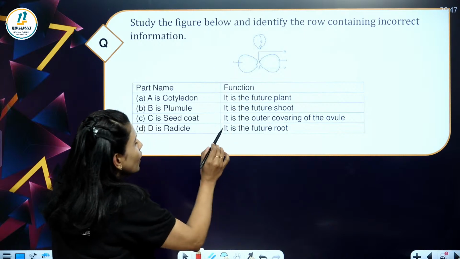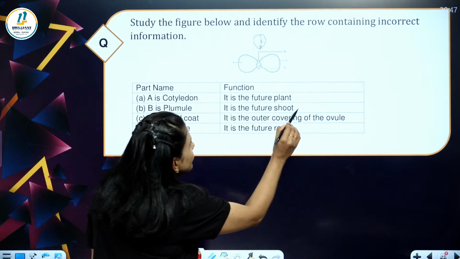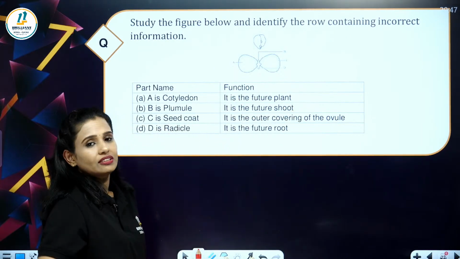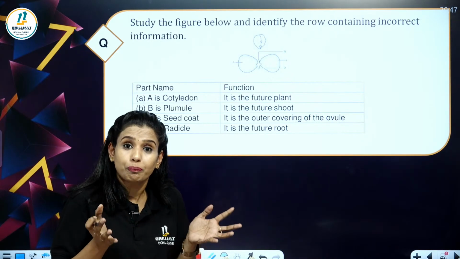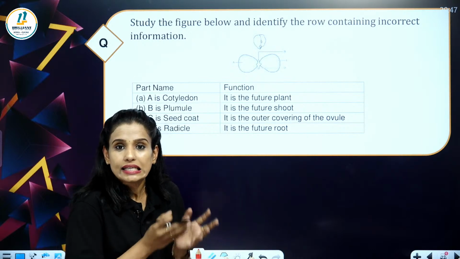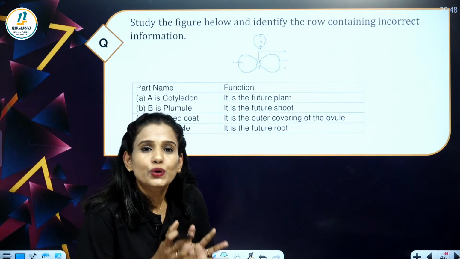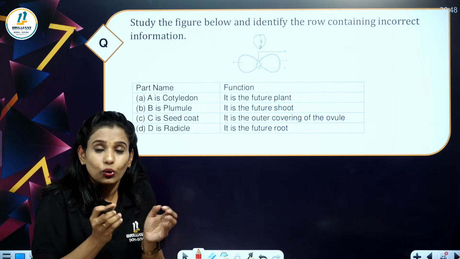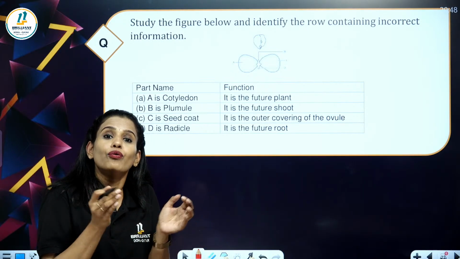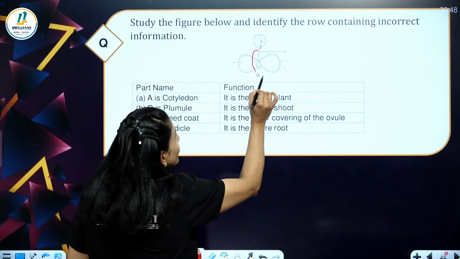A is cotyledon. But the function given is that it is the future plant. Is the cotyledon the future plant? No. Cotyledon is the storage place, which stores the food for the growing plant.